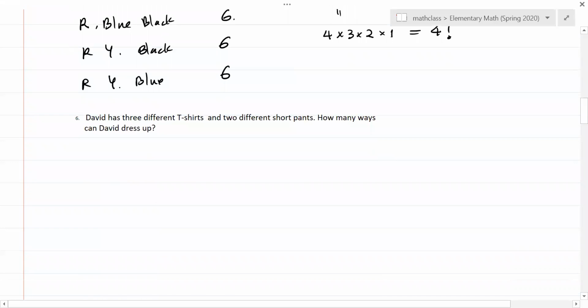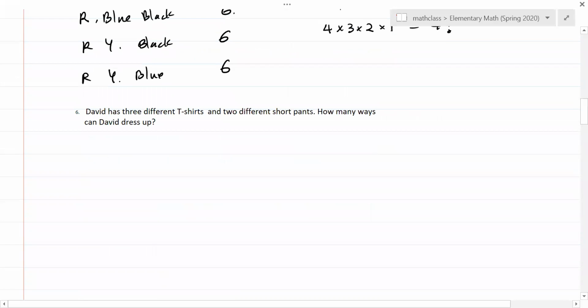Okay, now let's try the next one. David has 3 different t-shirts and 2 different pairs of shorts. How many ways can David dress up? Okay, so you have t-shirts T1, T2, T3, and pants P1, P2.